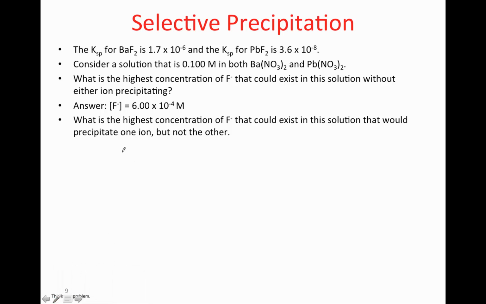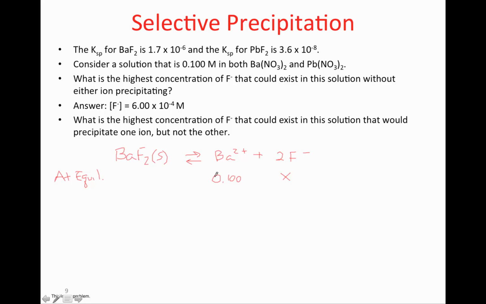Okay, so let's see, how do we do this? Well, all we really need to do then is focus on this one. Barium, Ba2+, 2F-. I have 0.1 molar concentration of barium initially. The question is, what's the highest concentration of fluoride I could have in this solution? Well, that's going to be an amount X, and I'm at equilibrium here. And you might ask yourself, how on earth do you just say you're at equilibrium?